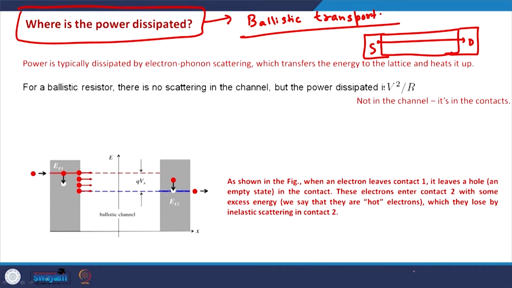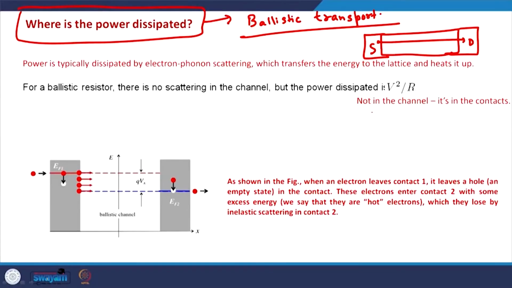Because the conventional understanding of the dissipated power says that electrons collide with atoms, or electrons undergo scattering, and during the collision electrons transfer their energy to the lattice, and that is how the electron energy is dissipated in the system, and that is how the heat is generated, that is how the power is dissipated in the device.